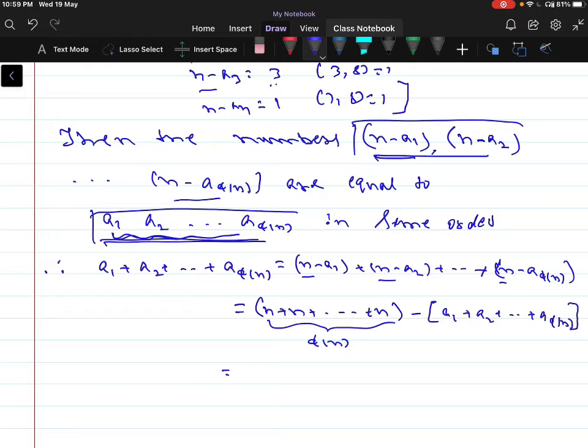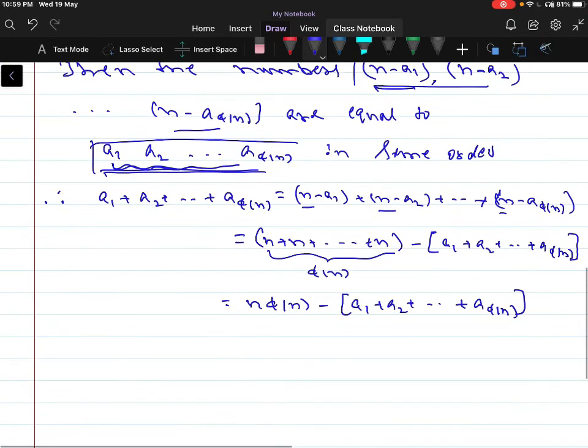So this is equal to n, there are phi(n) times, so n into phi(n) I can write minus a1, minus of a1 plus a2 and so on plus a phi(n).